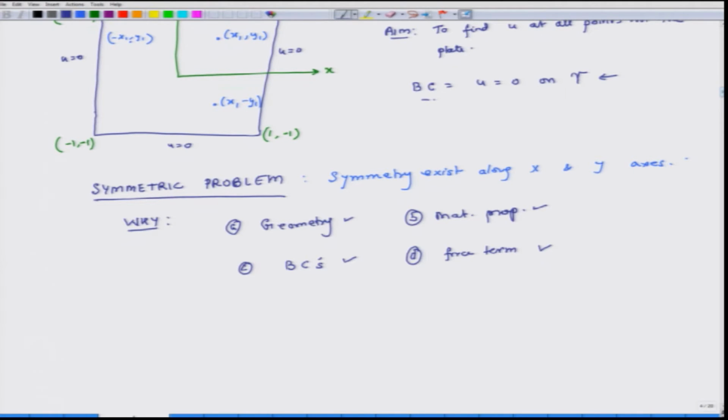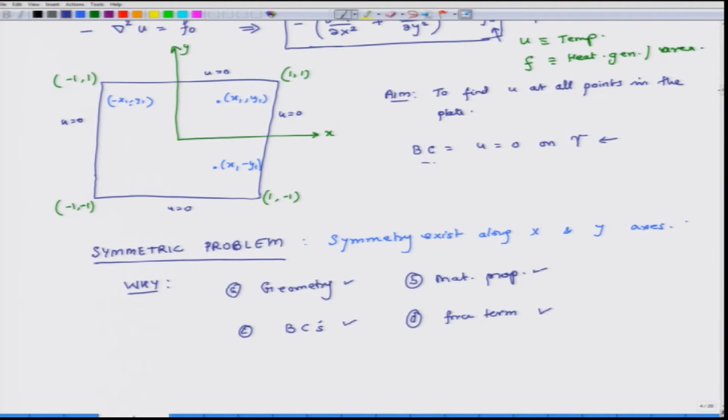Now, if I think that the problem is symmetric along x axis, then the geometry has to be symmetric along x axis, right. So, I have positioned my coordinate system in such a way that it is indeed symmetric. It is a square plate, it is symmetric along the x axis in this case. So, I fulfill this condition. Second, the material properties have to be symmetric along x axis.